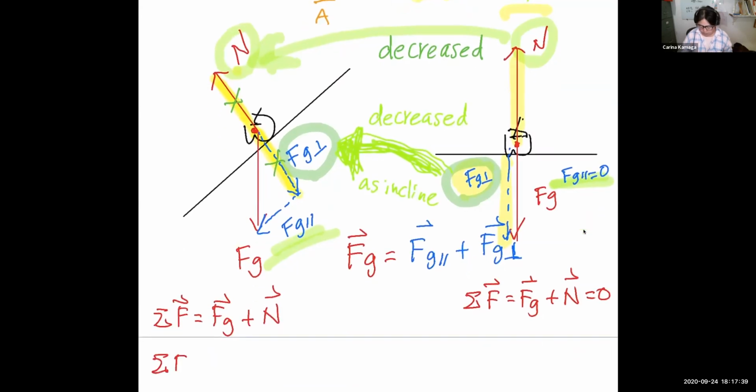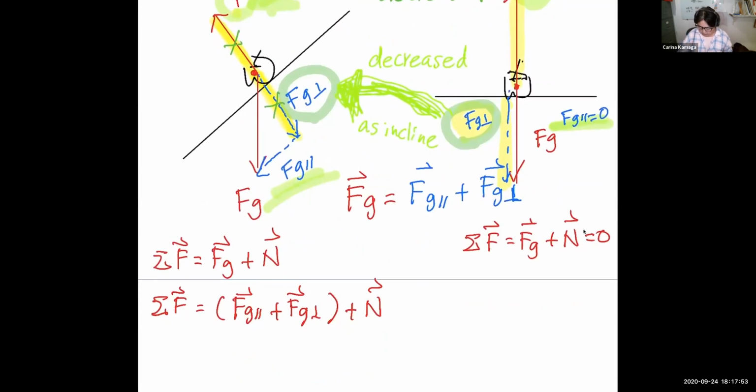But instead of seeing the gravitational force as a whole thing, you're going to say Fg perpendicular plus N, and these two cancel out. So the net force on the apple on the incline will be just this. So it's no longer zero.